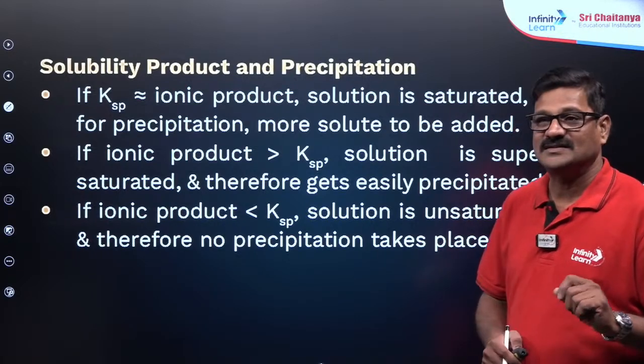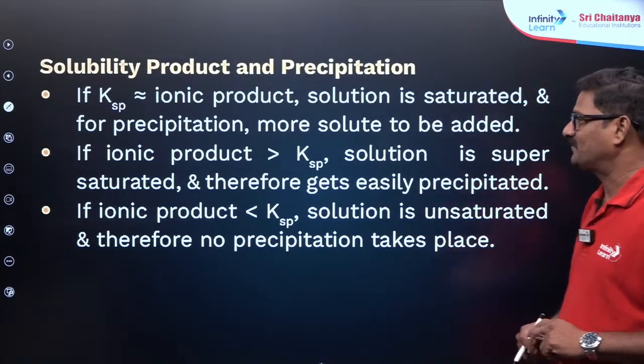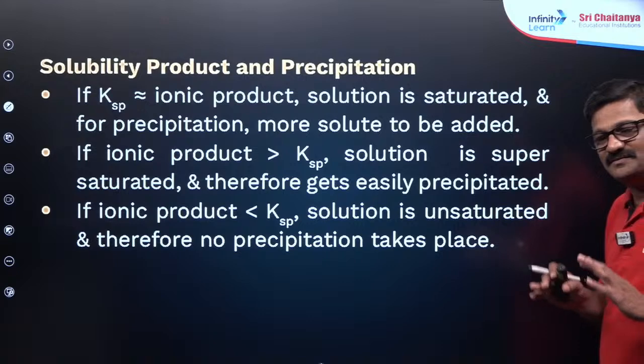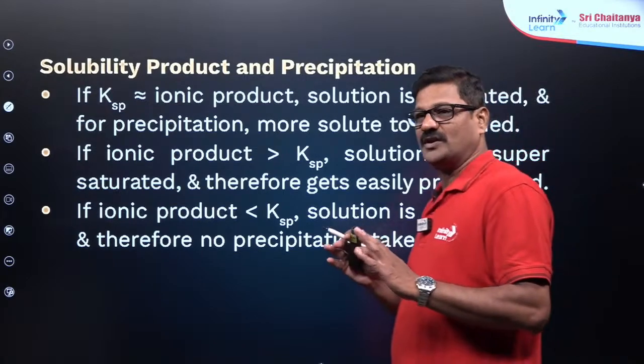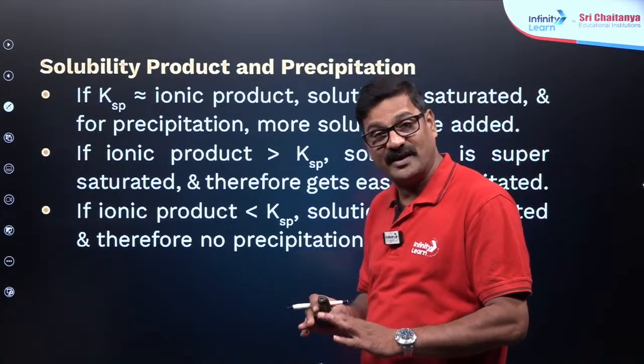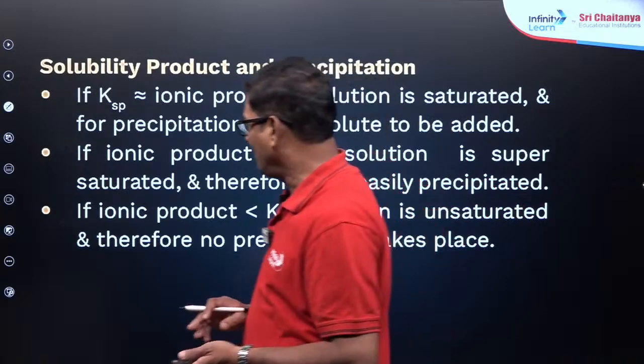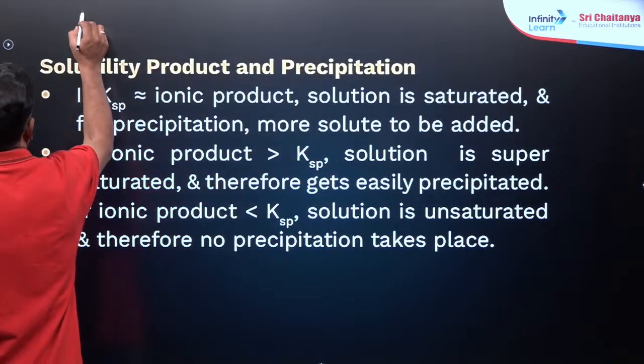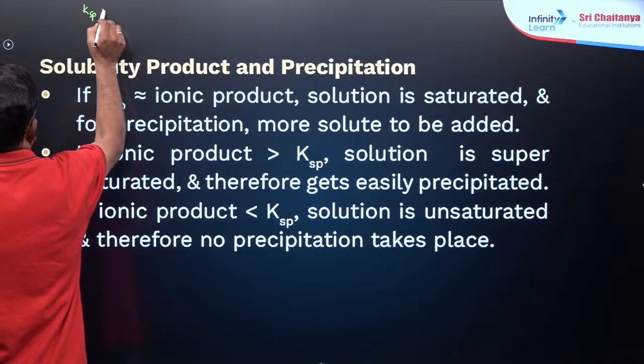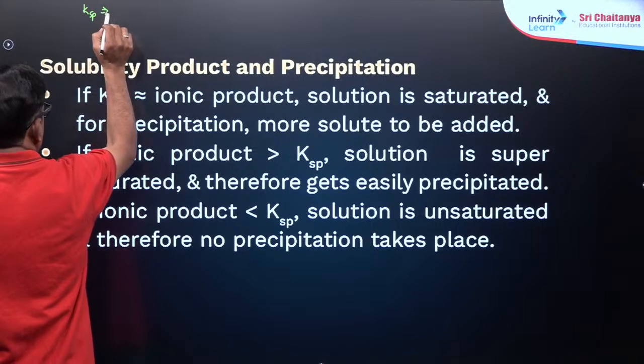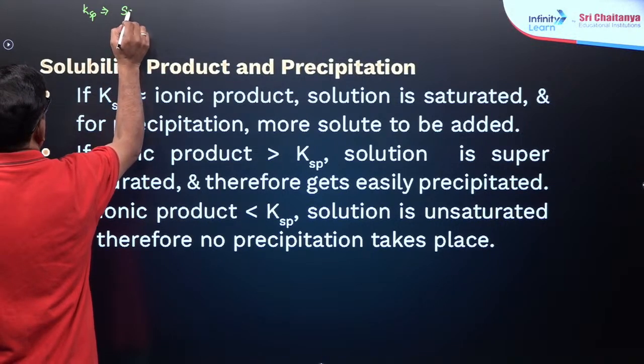Let's see solubility and criteria of precipitation. Every solution has its own Ksp value at saturated condition. Ksp is the solubility product, so it is taken for saturated solutions.